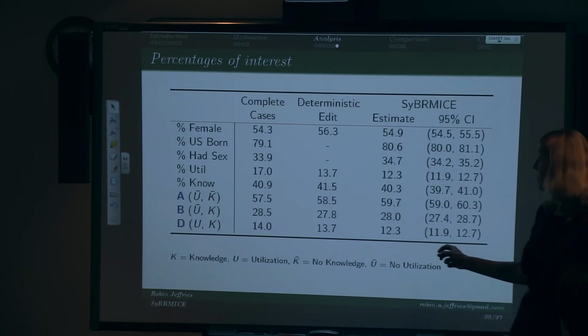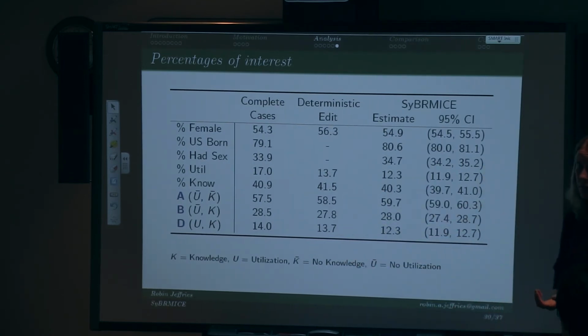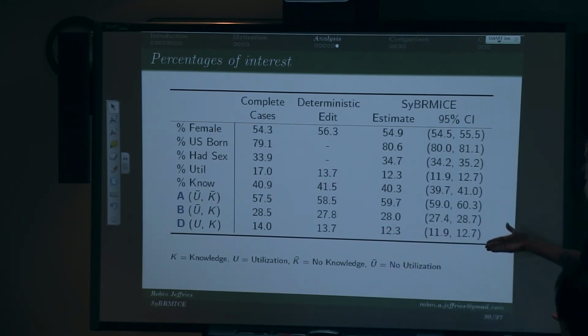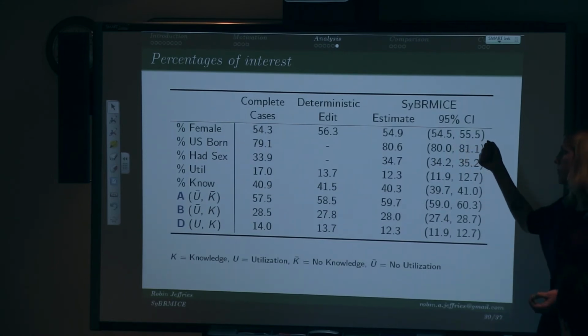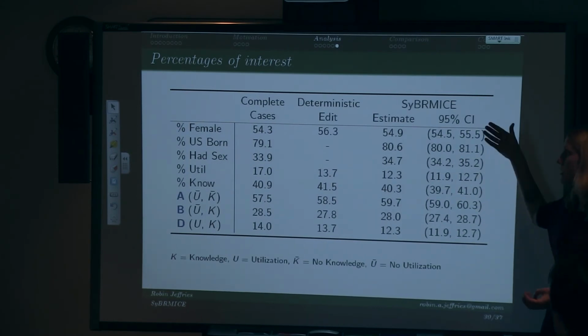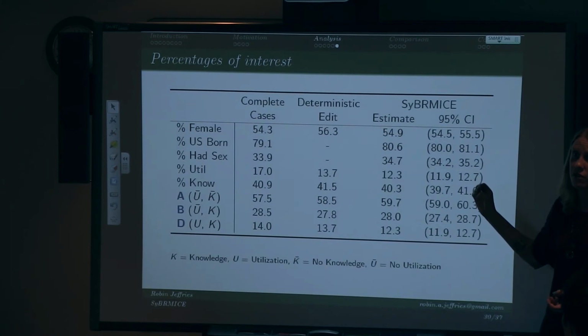I've not thought about doing the deterministic edit as like a mean type imputation. I haven't looked at these type of confidence intervals. There's a low proportion of inconsistent and missing, especially in these to begin with, and we are talking about 30,000 observations, which will shrink those down a lot.